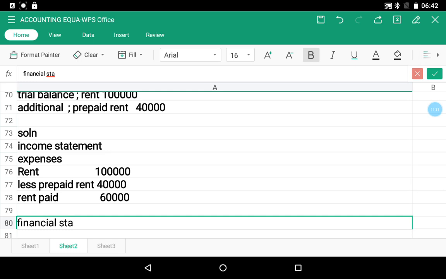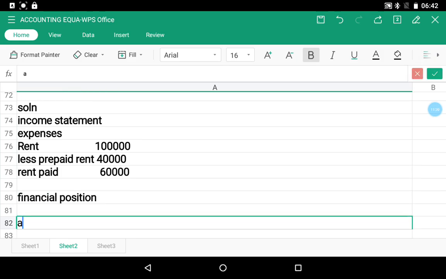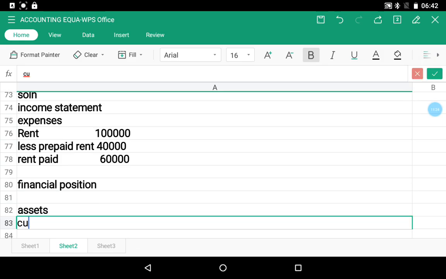In financial position, of course, you come under assets. Then we have under current assets. We assume you have calculated the non-current assets.